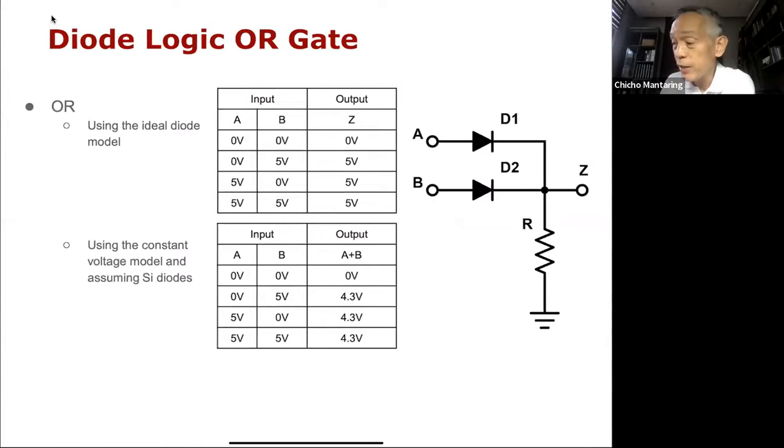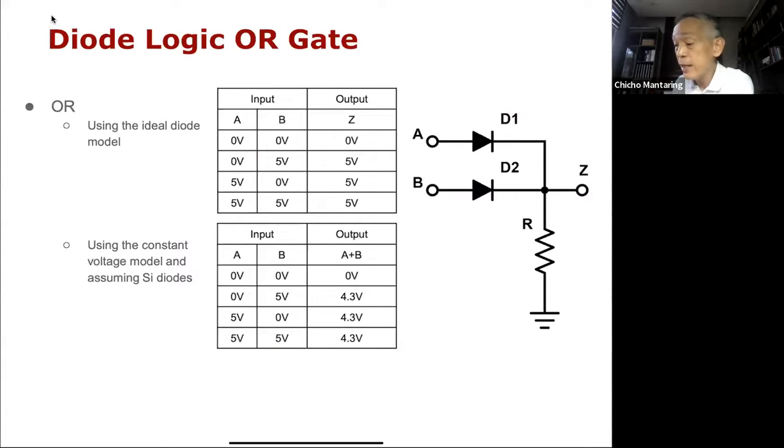Anyway, diode logic. This is the implementation of a 2-input OR gate. If we analyze this two-input OR gate, this time we feed into the truth table the possible combinations of input voltages. So what we will put in now, instead of 1 or 0, are the input voltages.